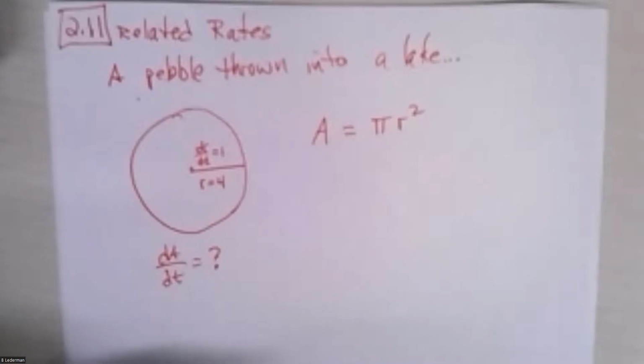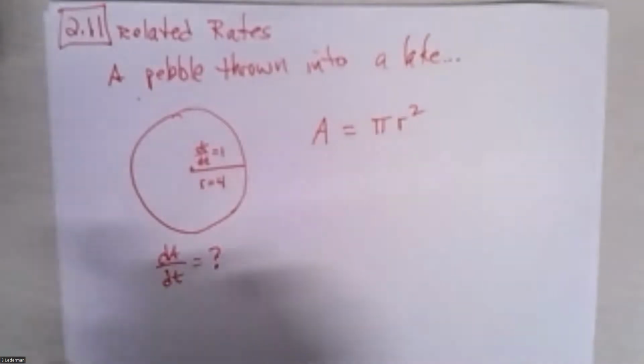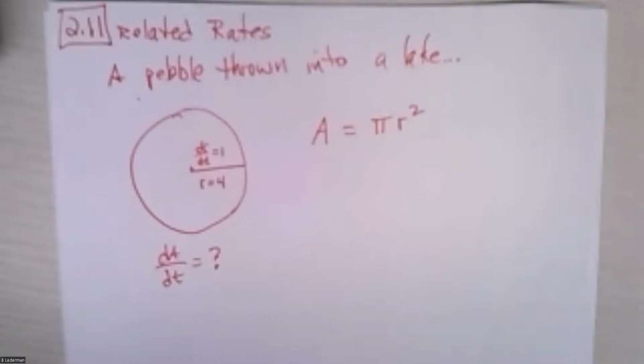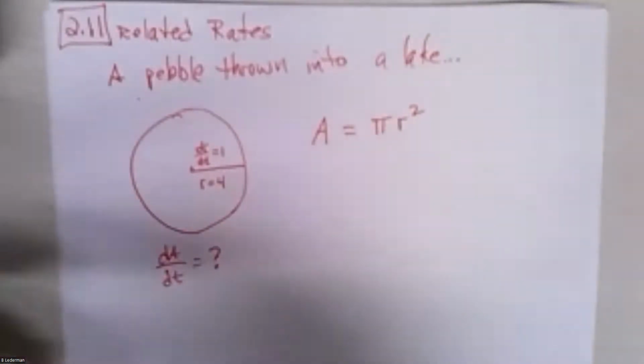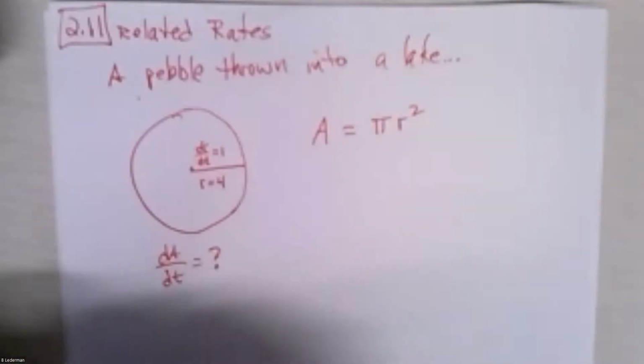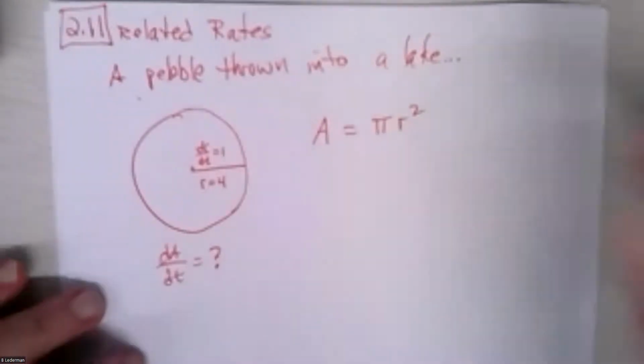Anyway, what I'm going to do now is differentiate both sides with respect to time. We're viewing the radius as a function of time because every instant, as time goes on, the radius increases. Remember that.